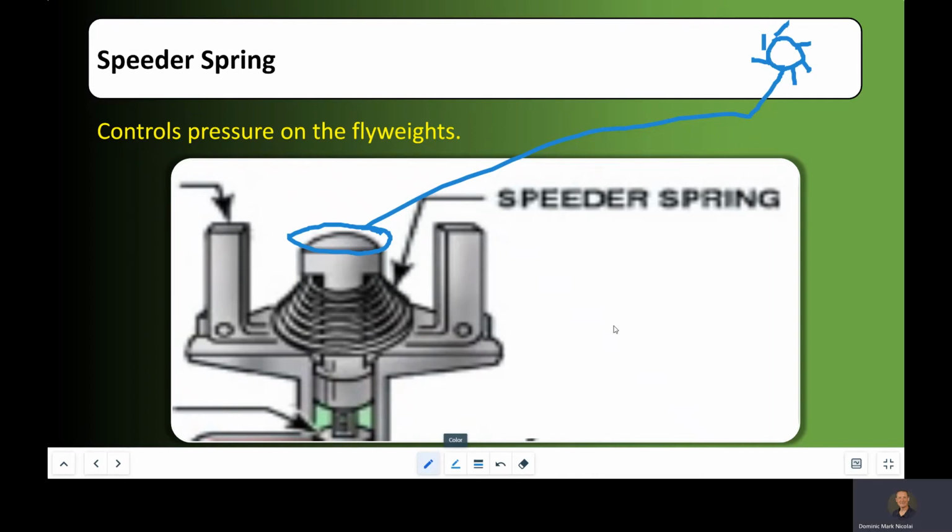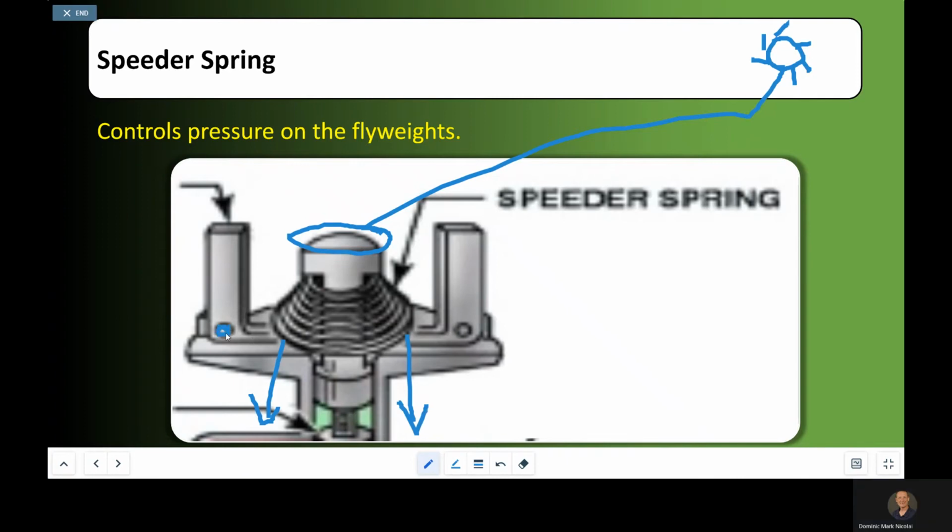So you're trying to sandwich it closer together. Of course, that speeder spring is resting on top of flyweights, 2 on either side there. So now we have a downward force on the bottom of those flyweights.